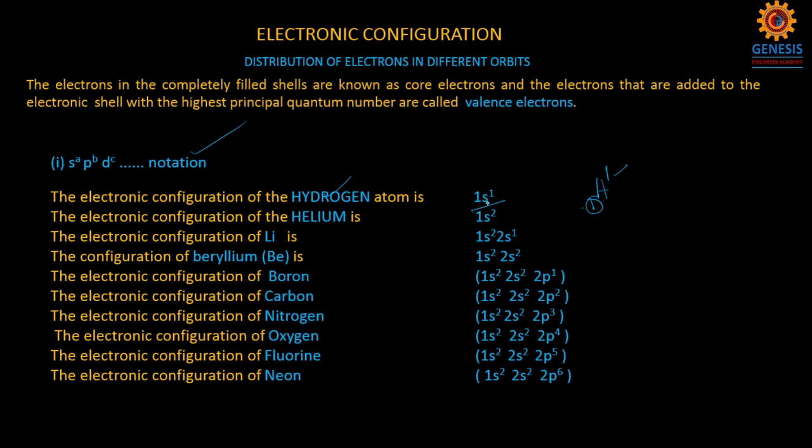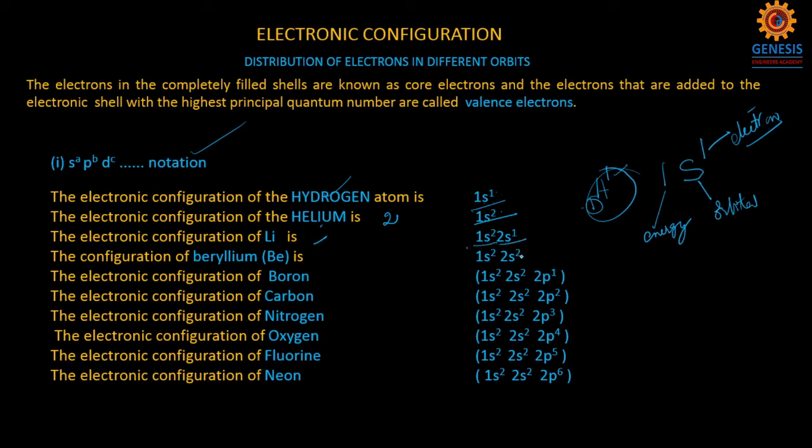So what does 1s1 tell us? 1 is the principal quantum number, also called the energy level, s is the orbital, and the superscript is the number of electrons. In helium, Z is equal to 2, so you have 2 electrons to fill. Next, lithium is 3, so 1s2 is filled first, then 2s1.